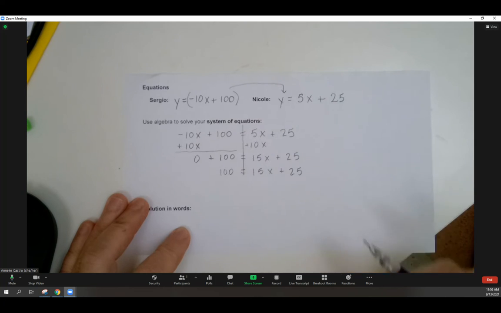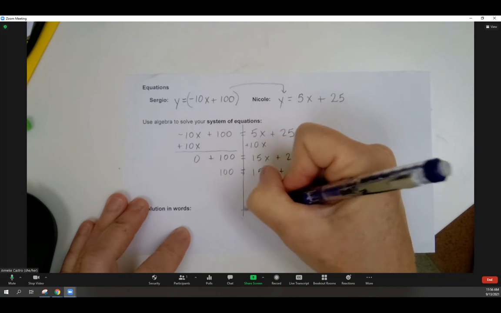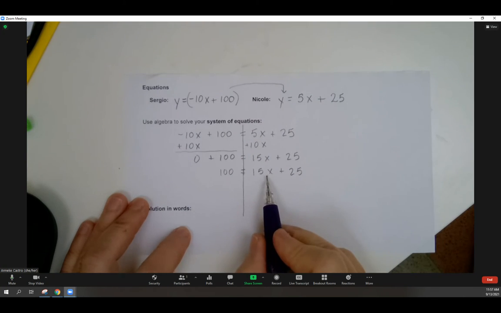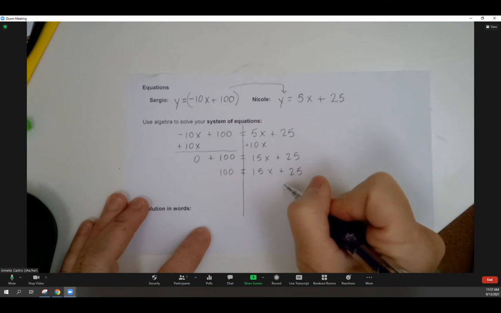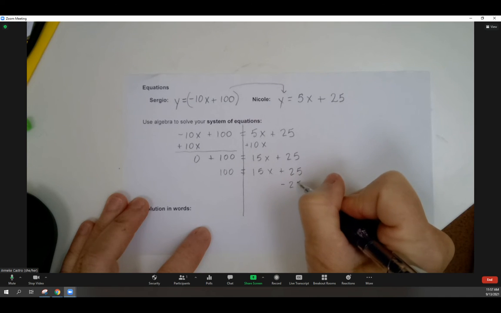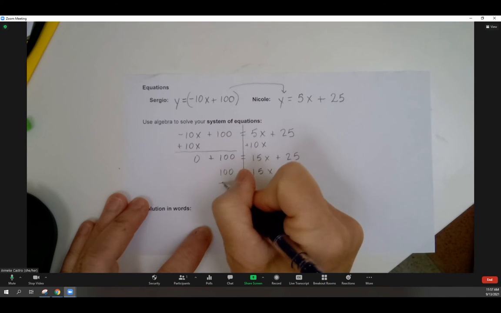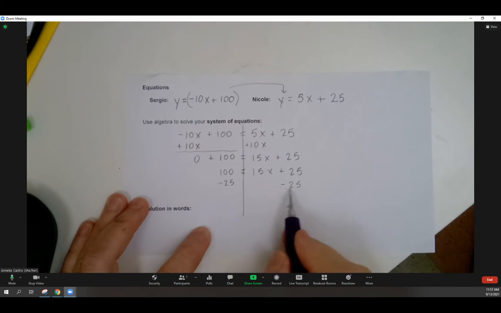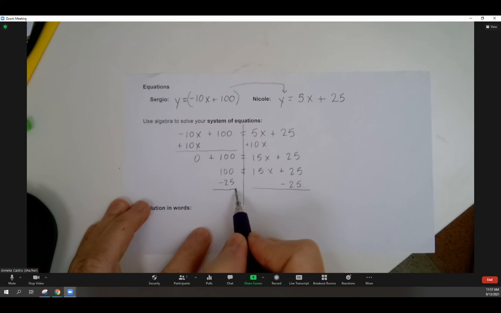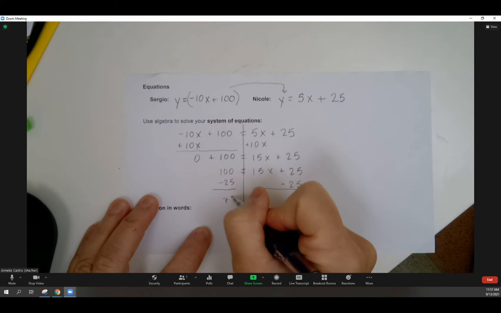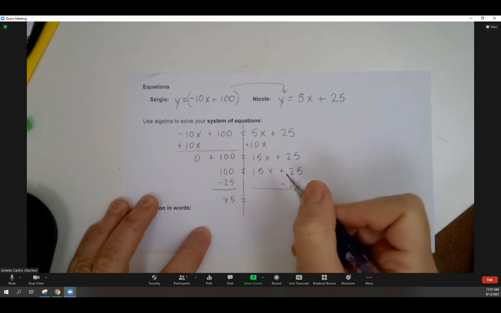Now I need to solve this. I'm trying to get the x by itself. The x is being multiplied by 15 and added by 25. I think it'll be easiest to get rid of the plus 25 by doing the opposite, which is to minus 25. If I do it to one side of the equation, I have to do the exact same thing to the other side. So 100 minus 25 is 75.